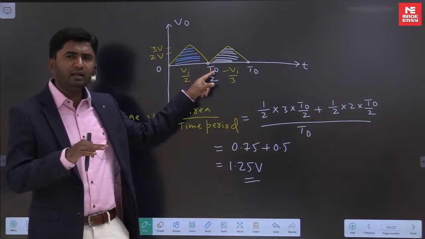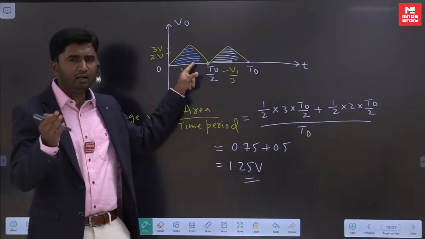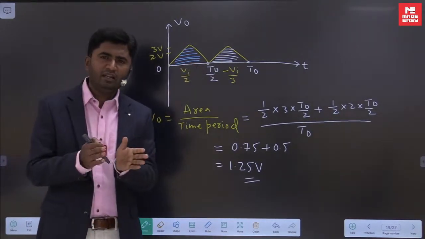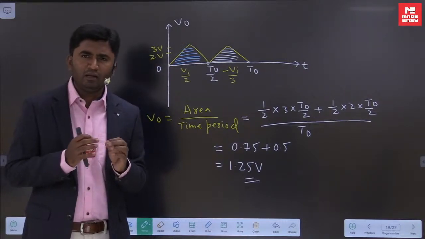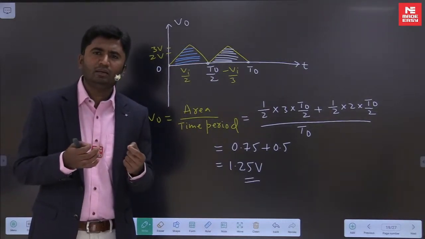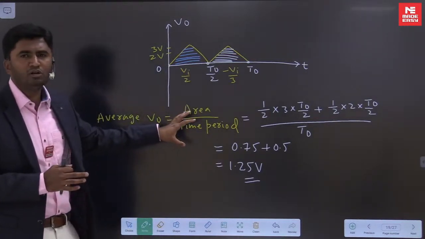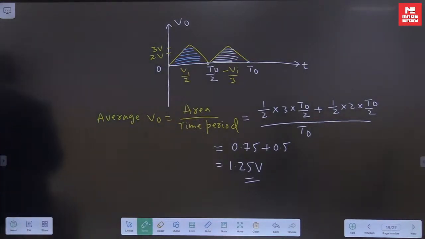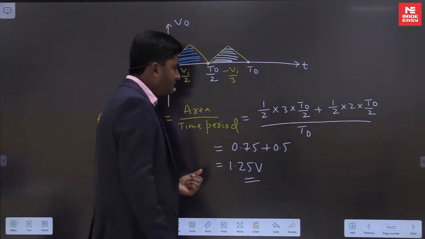Here output is like a triangular wave, so we can tell area of the triangle is half into height into base. And average is always area divided by time period. Average value or DC value is nothing but area divided by time period. So in this way we get our average output 1.25 volt. Yes, Aftab, 1.25 volt is the correct answer beta. So this was a numerical answer type question.